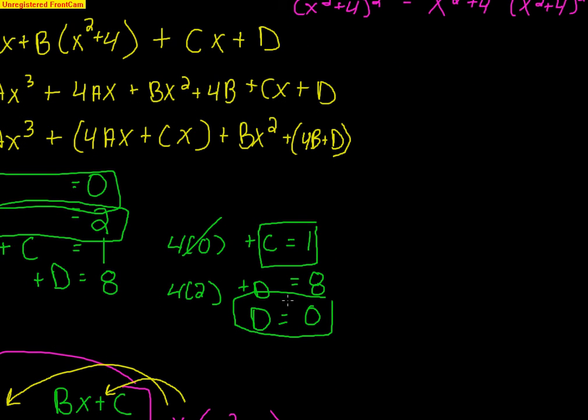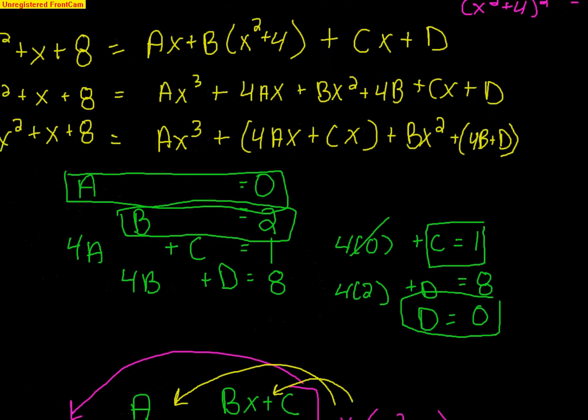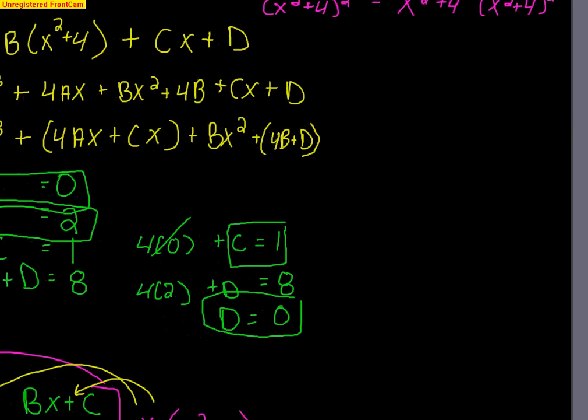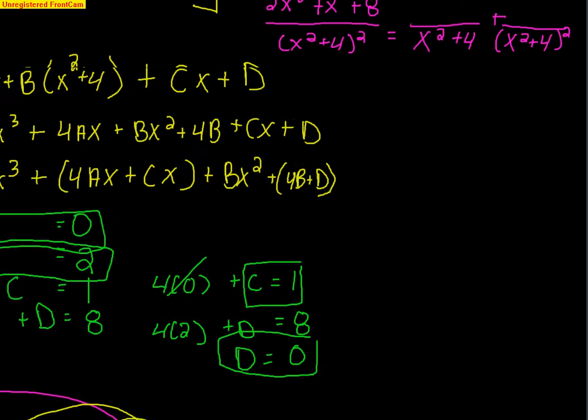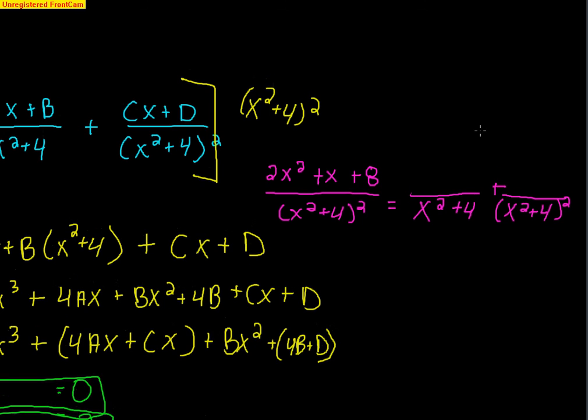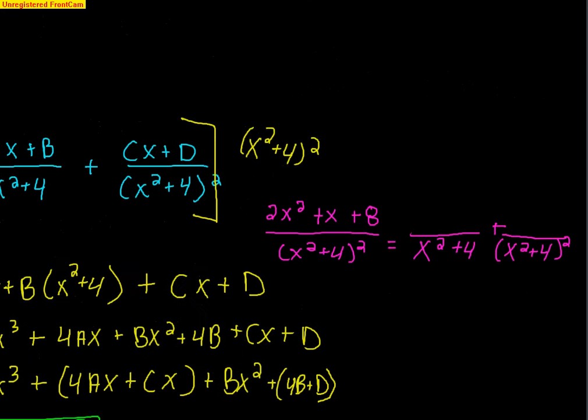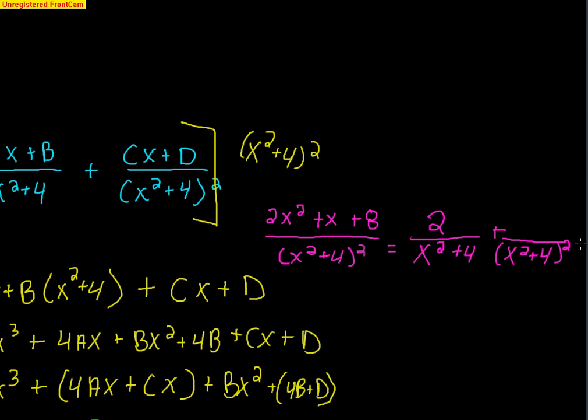We got that a equals 0 and b equals 2, so we're going to plug those in for the first one. Since a equals 0, it would be 0 times x, so we don't write anything for that, because anything times 0 is 0. For b, we plug in 2 for the numerator.